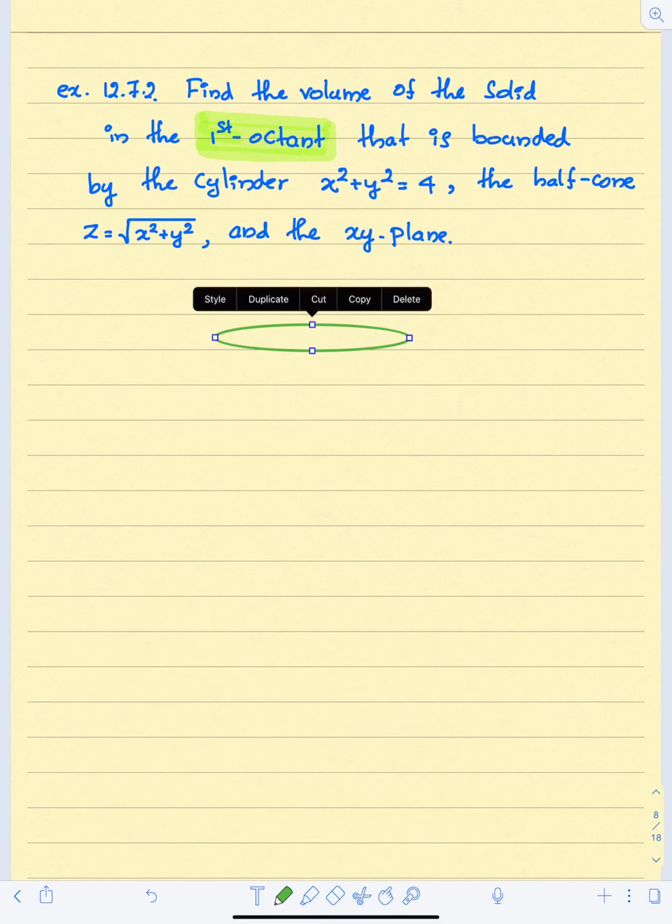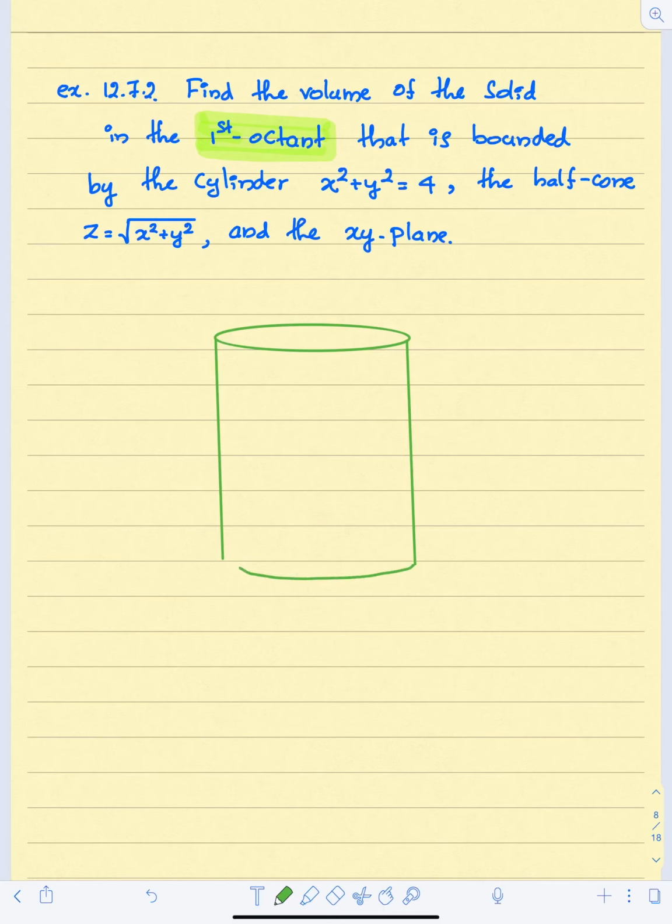We have a cylinder with radius 2, something like this. And then we have this half cone. Let's say this is the origin.